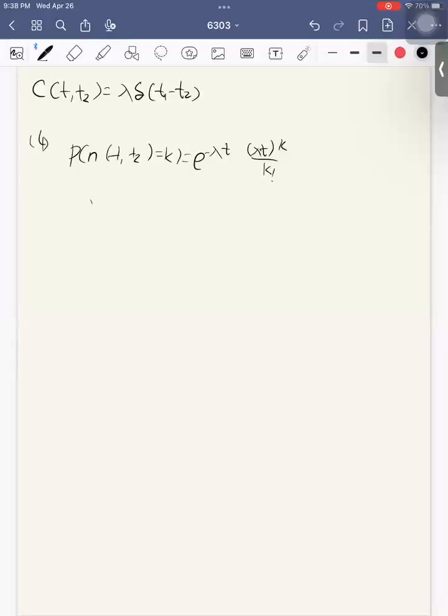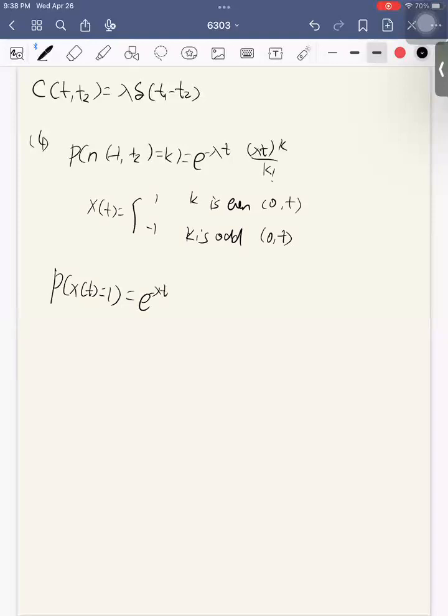And x(t) is defined as 1 when k is even in (0, t) and -1 when k is odd in (0, t). The first order probability mass function is equal to this one here.